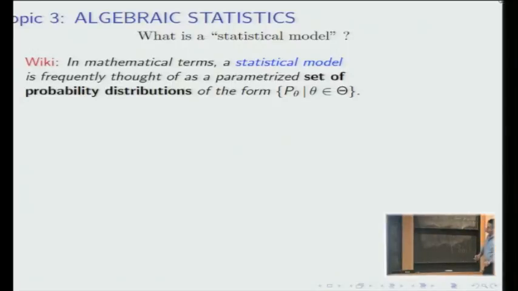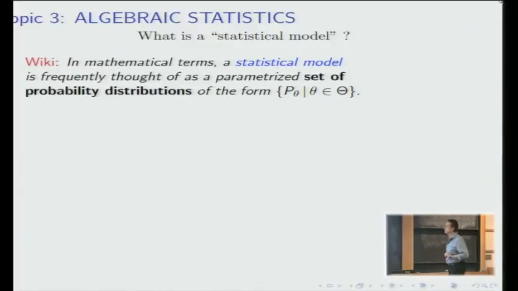Now, let's say theta is a finite dimensional space, maybe a two-dimensional space, and we have distributions. The state space of these distributions could be continuous, such as in the Gaussian curve, or it could be discrete, such as in the case ACGT. Most of my examples will be for discrete random variables, but the understanding is that it also applies to some of the continuous situations.